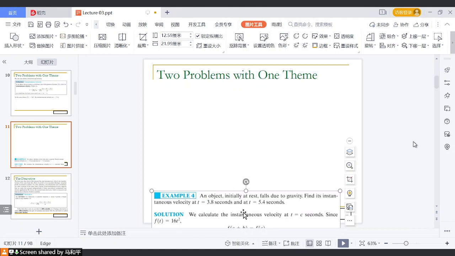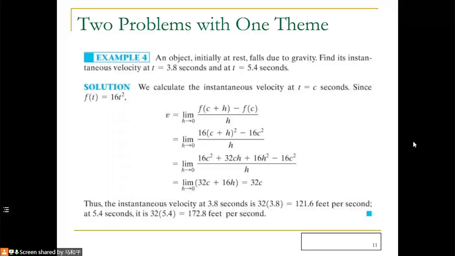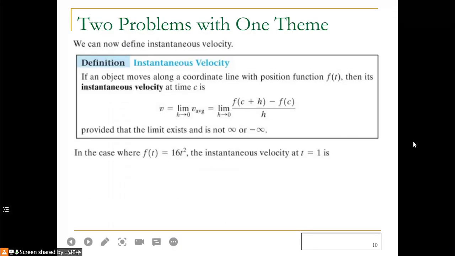We review the answer, okay? Here we can first calculate at time t. At time t, we find v is equal to f(t plus h) minus f(t) over h.